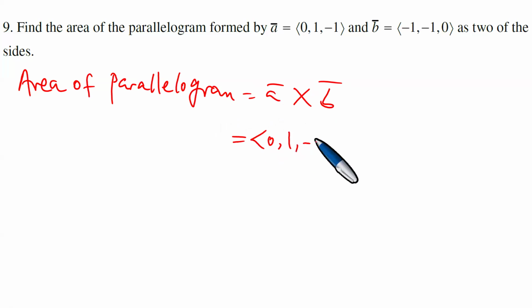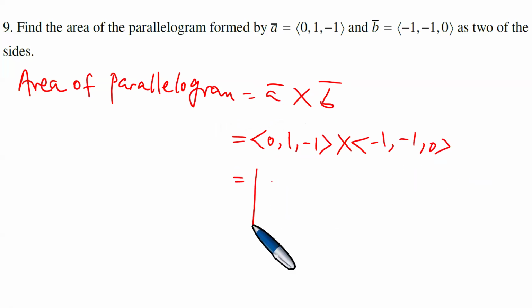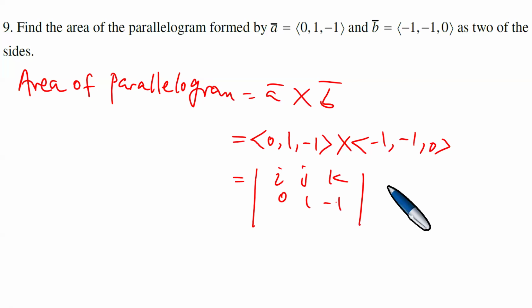A is 0, 1, minus 1. B is minus 1, minus 1, 0. And therefore this one is the determinant with I, J, K. A is 0, 1, minus 1, and the next one, B, is minus 1, minus 1, 0. If you have vector I, you can put the bar on top.